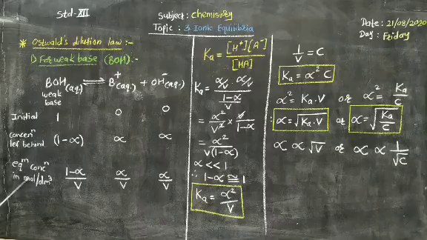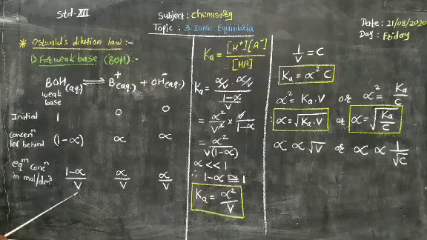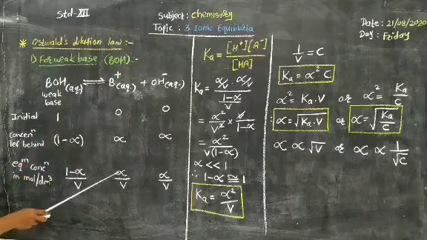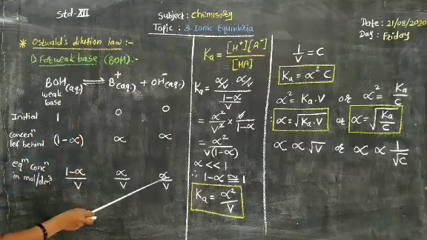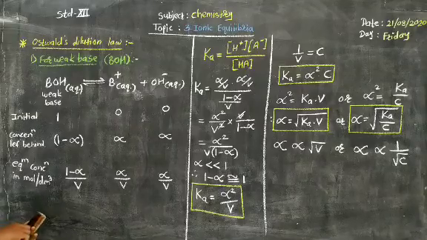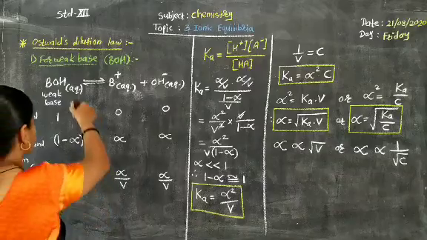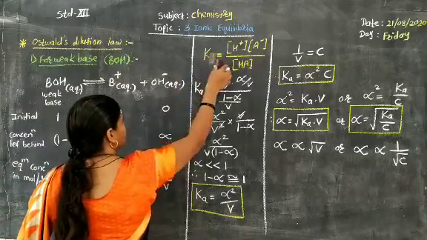Equilibrium concentration in mole per dm cube is equal to 1 minus alpha upon V. For cation, it is alpha upon V. For anion, it is alpha upon V. Now, according to our yesterday's discussion, we can write the same formula for dissociation constant of base.